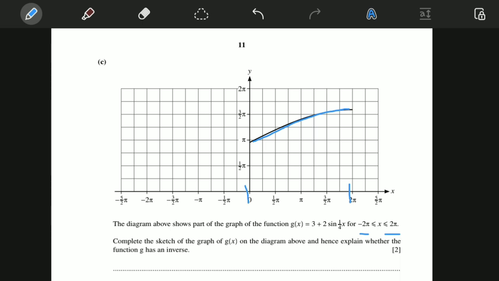It means that we have to complete it on the other side. It will be somehow like this. But why? Because this is a graph of a sine, and you know the sine graph is like this.